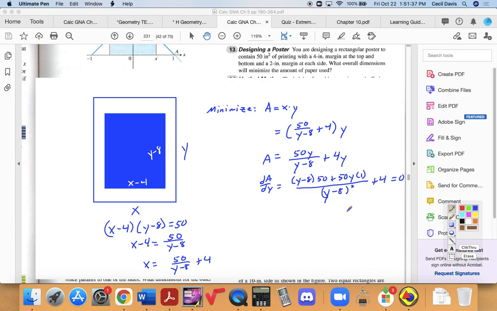No, that should be minus. My fault. Oh, that simplifies a lot, doesn't it? This is supposed to be minus. So that simplifies to negative 400 over y minus 8 squared plus 4 equals 0. That's a heck of a lot easier.